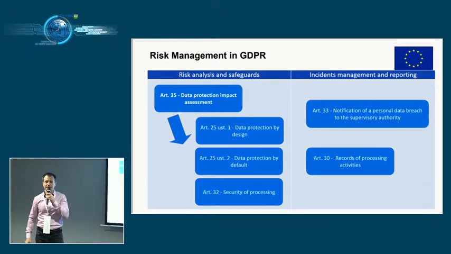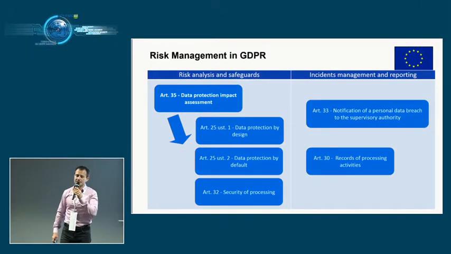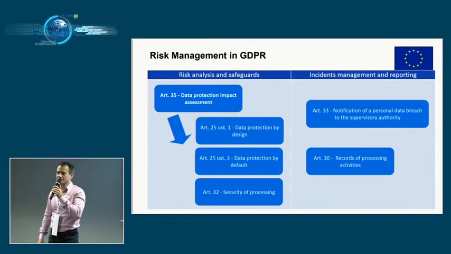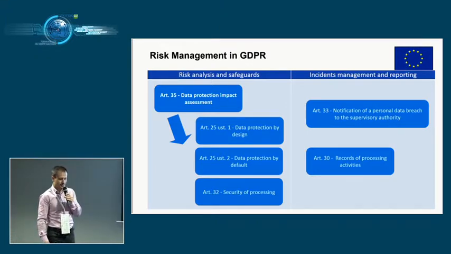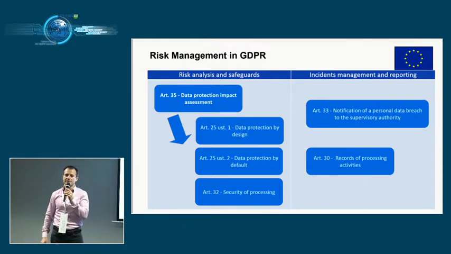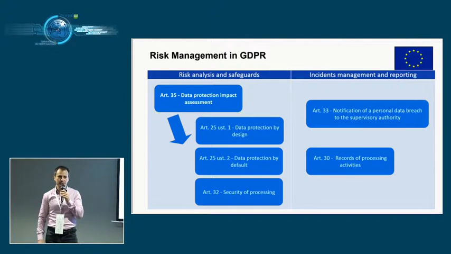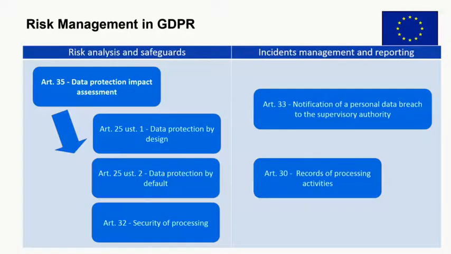What about personal data? What about privacy risks? When you look at GDPR, on this slide you have 6 articles that are related to information technology safeguards. In GDPR, as you probably know, we have 99 articles, and only 6 of them are related to IT safeguards.